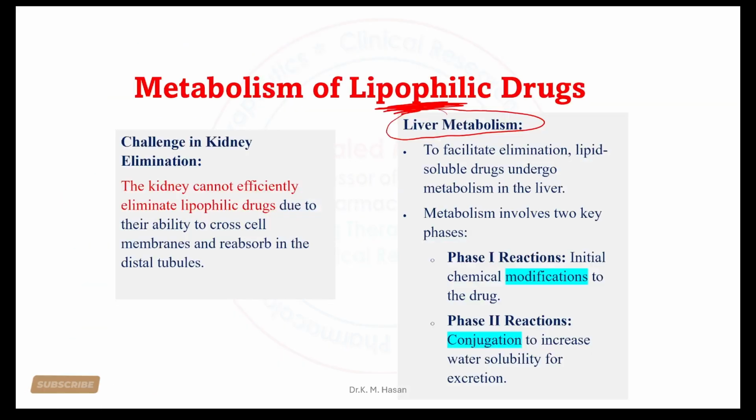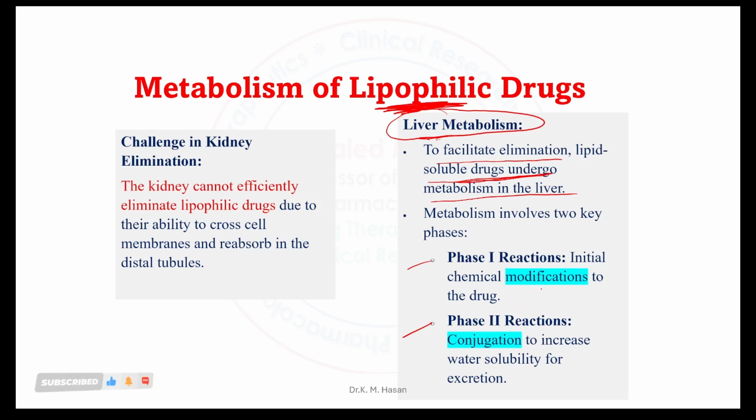Moving to the next slide. The metabolism facilitates elimination, and the lipid soluble drugs go through metabolism in the liver in two phases, phase 1 and phase 2. Phase 1 metabolism is related to modification such as hydroxylation, oxidation, hydrolysis.